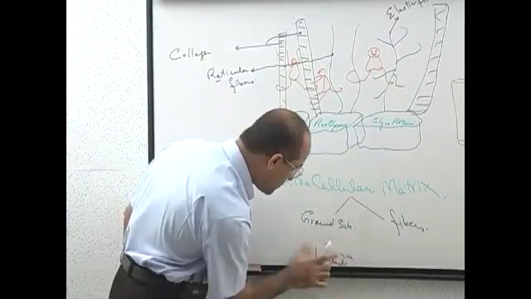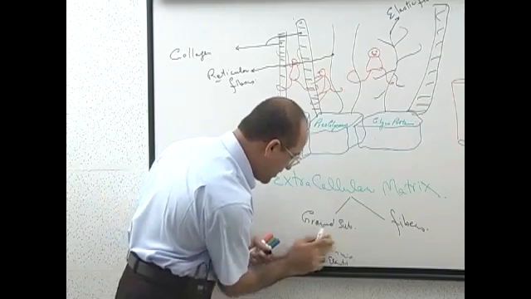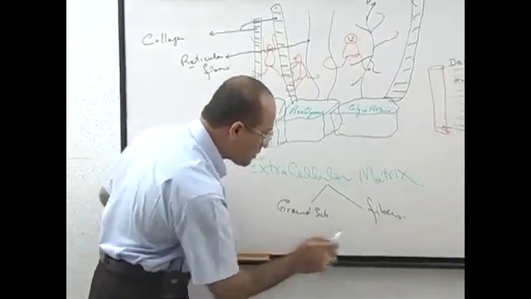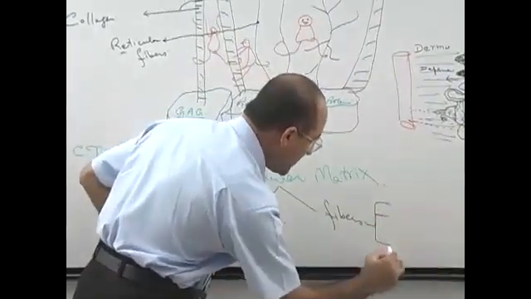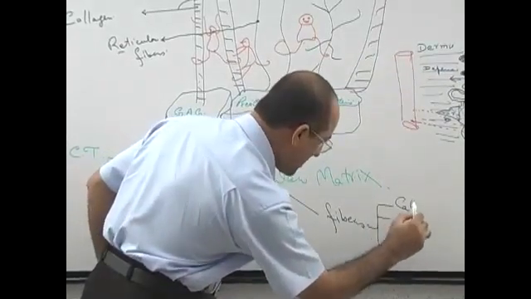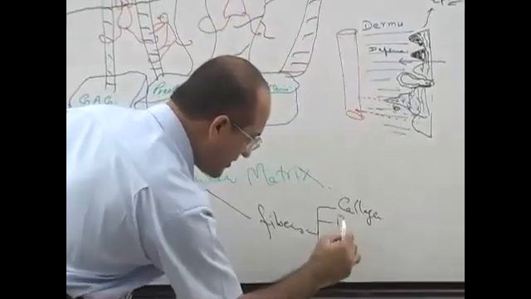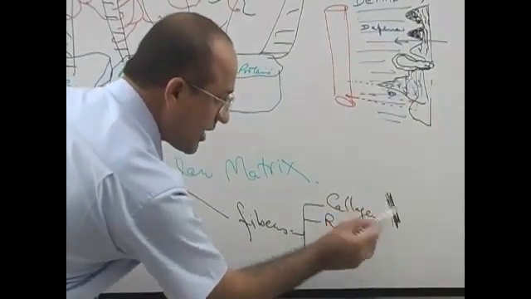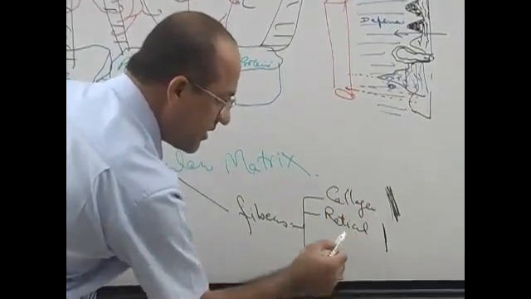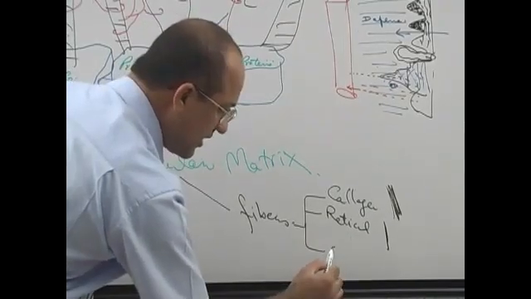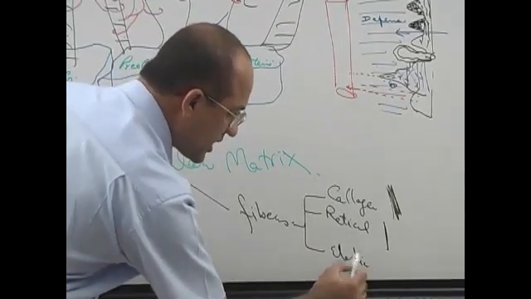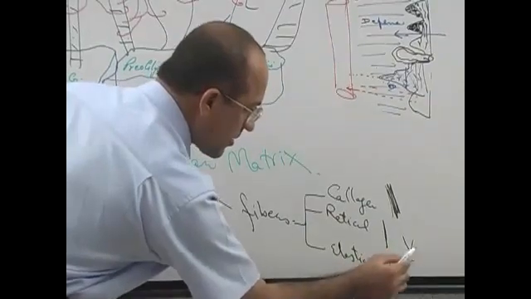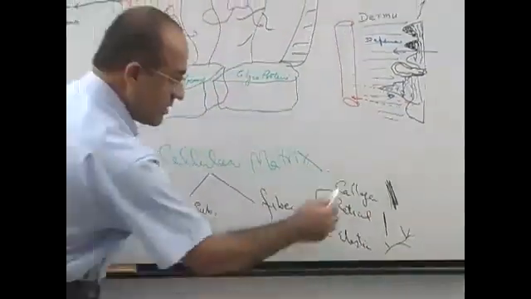One of you pointed out fibers should be on the fiber side. That's very good. And what about others? Collagen fibers are thick, unbranched. Reticular fibers are thin, unbranched. And elastic fibers are thin with branching. Is that right? These are the fibers.